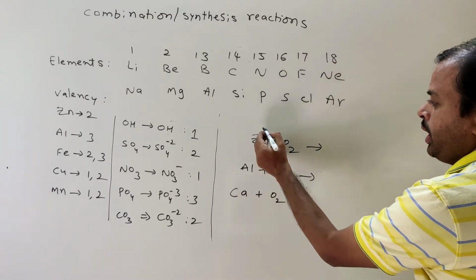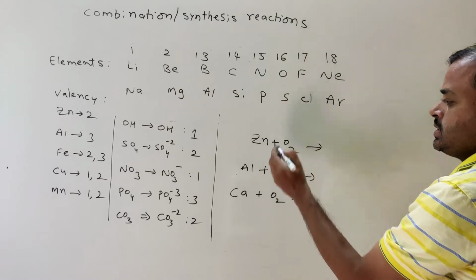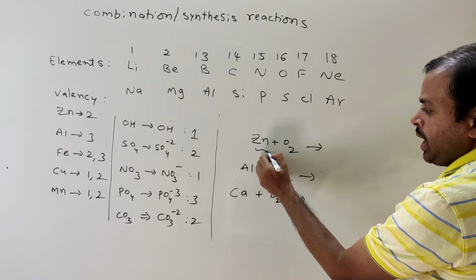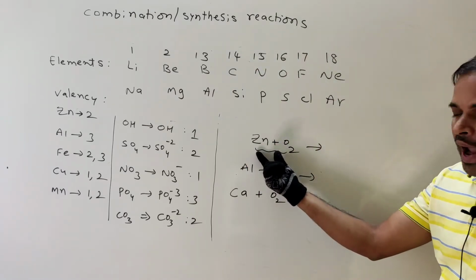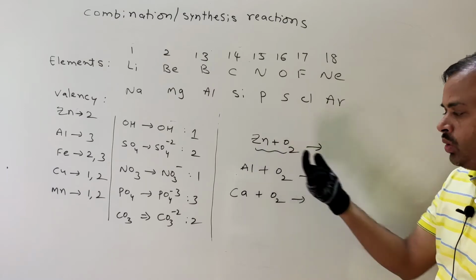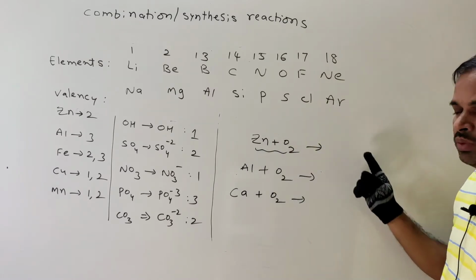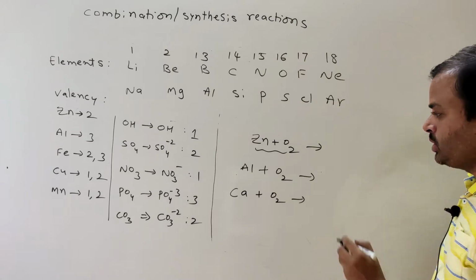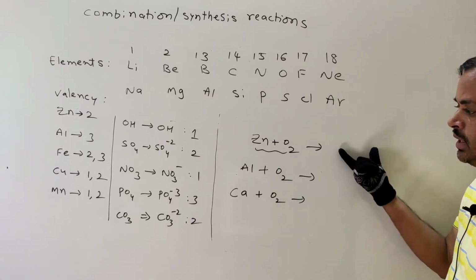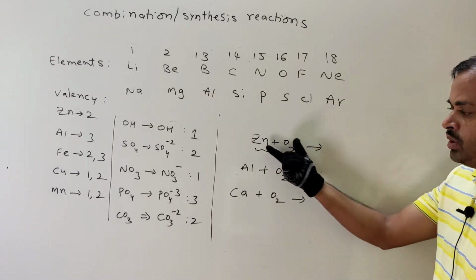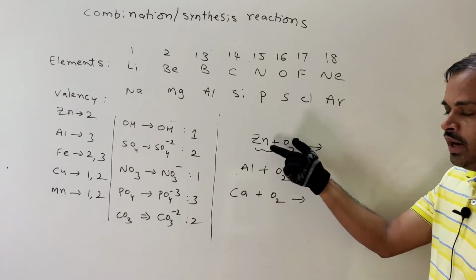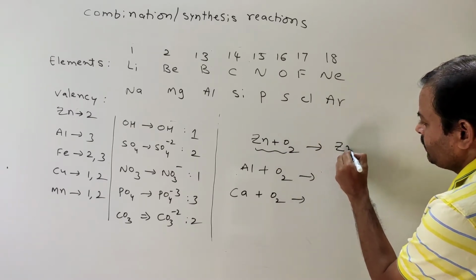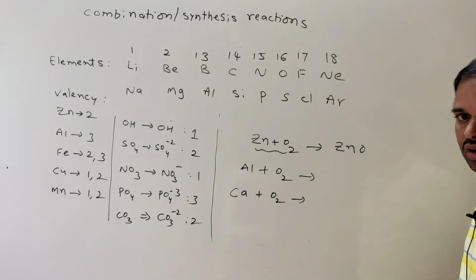So combination or synthesis reactions mean combining two atoms or molecules to give another product. That is called a combination reaction. So we are synthesizing one product from these reactants. What is the compound here? Zinc oxide.